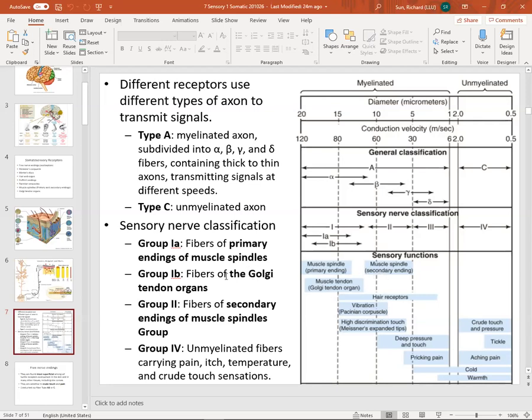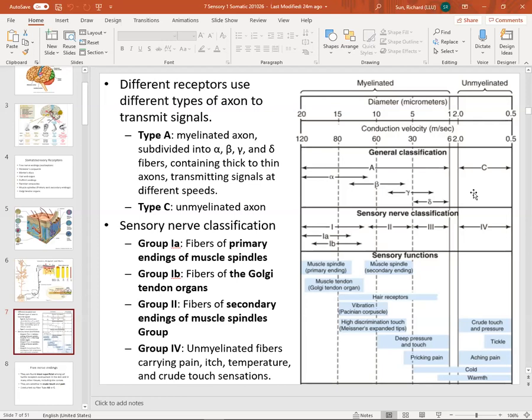Type 2 is the secondary endings of the muscle spindle. Type 4 is the non-myelinated fiber. Non-myelinated fiber, and also type C, will be the same. So to classify the fiber types, we can classify them as type A versus type C, the myelinated versus non-myelinated.